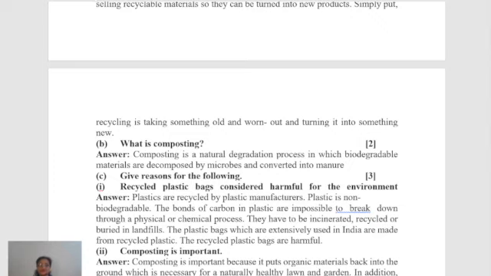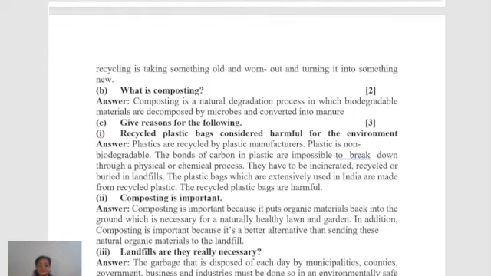Okay, we are getting manure out of it, and this manure is totally healthy for soil, right? No side effects. So this process is called composting, and the manure which is formed out of it, that is called compost.